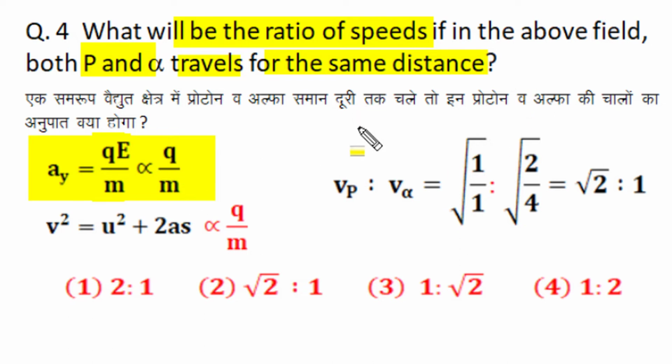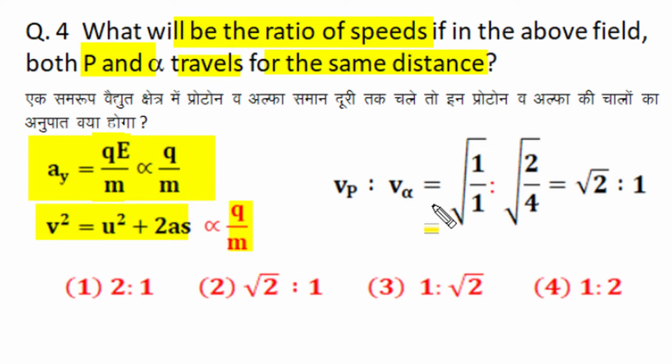And since we have to make ratio calculation for same travel distance, so we use this expression of law of motion, where velocity after s amount of travel distance is given as initial velocity square plus 2 times acceleration into displacement. Since initial velocity is taken as 0 and displacement of both proton and alpha is the same, then velocity square become proportional to charge to mass ratio.